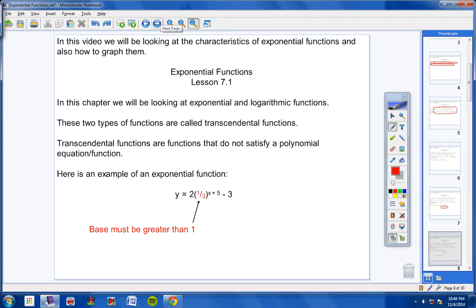Also make note that the base cannot equal 1. I'm going to pause while you quickly copy that down. It's very important that you know that. These are characteristics of an exponential function.